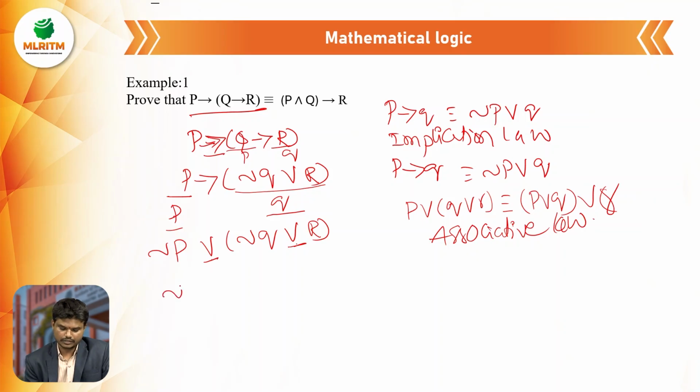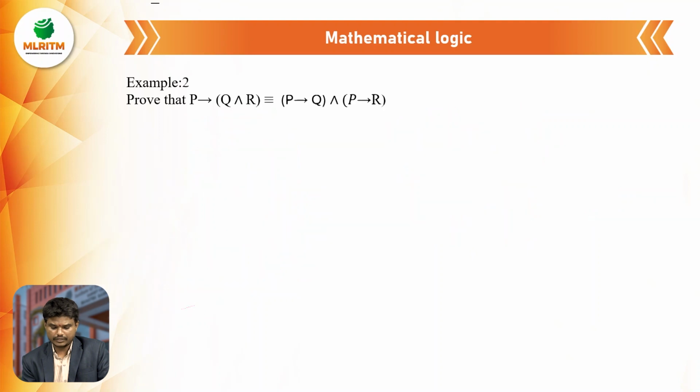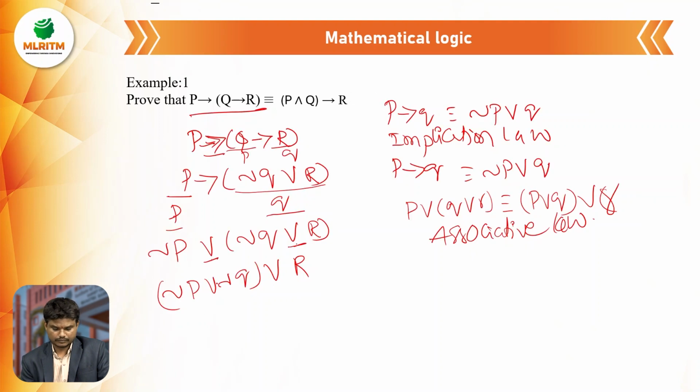So here, applying the associative law: (negation P or negation Q) or R. Here we observe negation P or negation Q, so apply De Morgan's law.